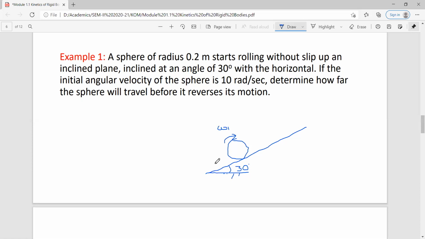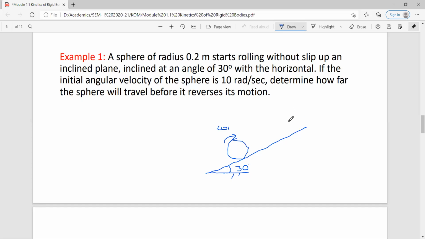Okay, what will happen? Say at the initial position, it has some angular velocity, so it has kinetic energy. With the help of this energy, it is going up the inclined plane. But what will happen after some time? It will lose all of its kinetic energy, and it will halt there.